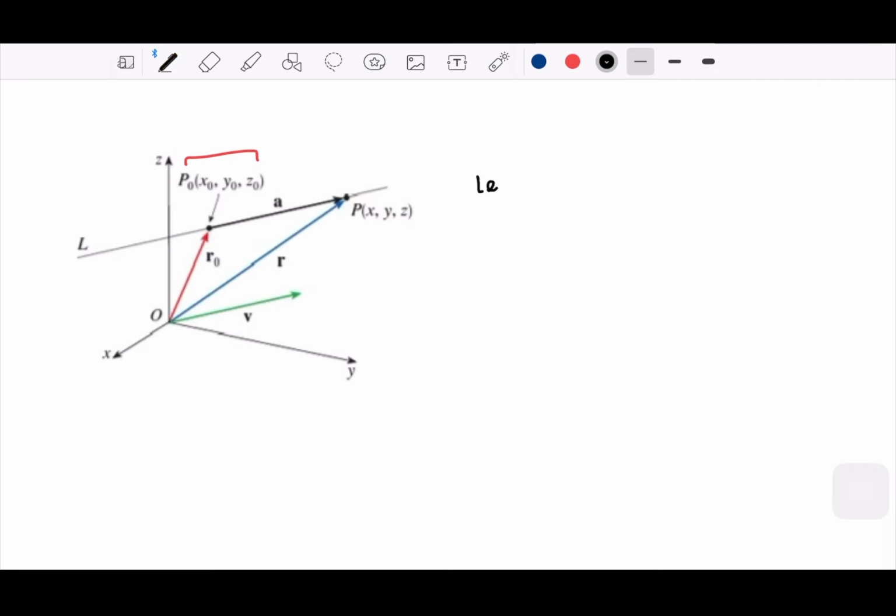So let R0 and R be the position vectors of P0 and P. And of course, if you see the line, the vectors P and P0 are representing OP0 and OP in the vectors.